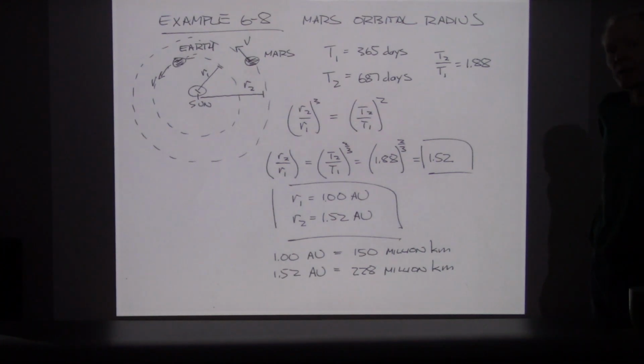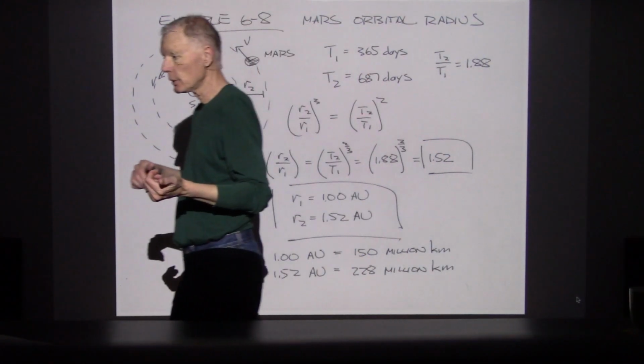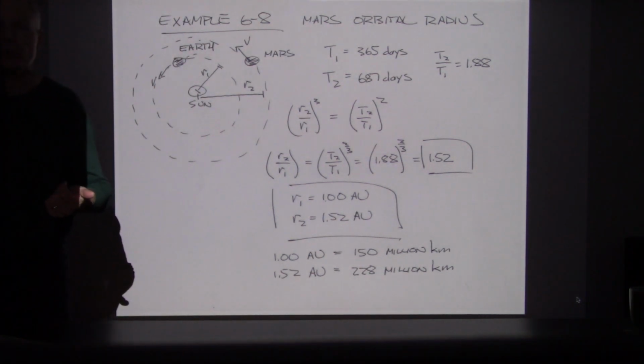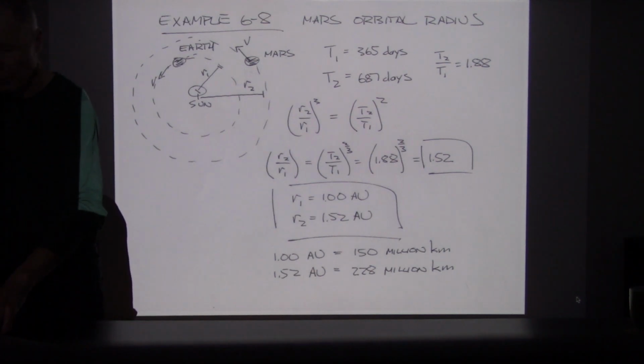So we can use this ratio approach, which can be derived using Newton's equations, which we did for circular orbits, or we can treat it as one of Kepler's laws of motion, which works. The two approaches agree with each other.